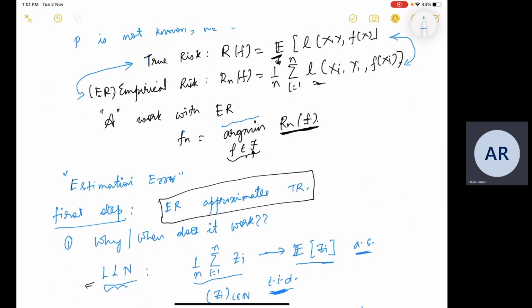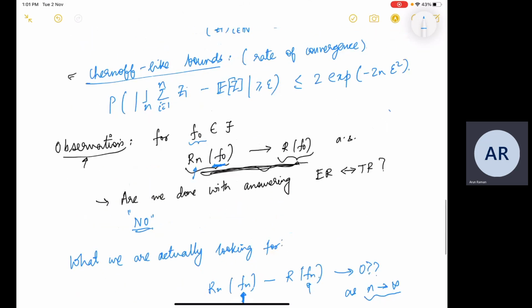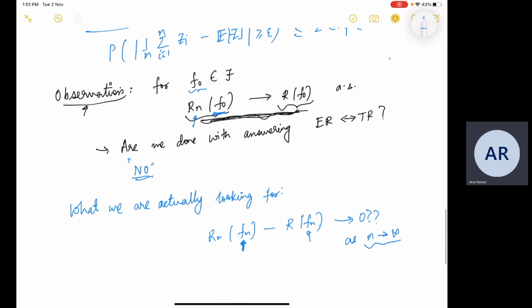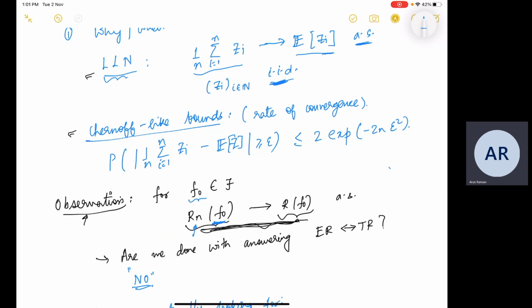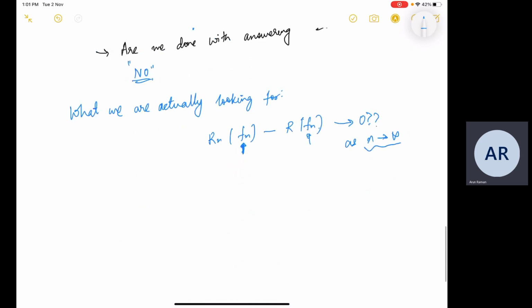So as n increases, the function fn will change. It may not change in some cases, but if we consider a general case, then the function fn will change. Therefore, the law of large numbers, or the fundamental understanding of the true mean and the sampled mean, does not directly apply to this case.